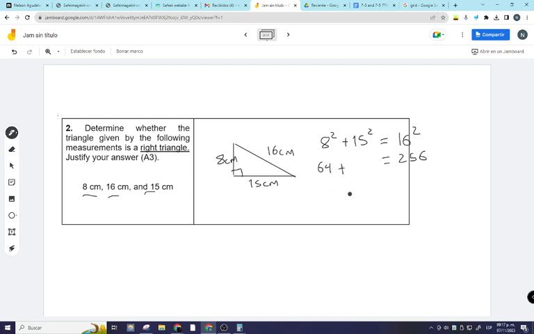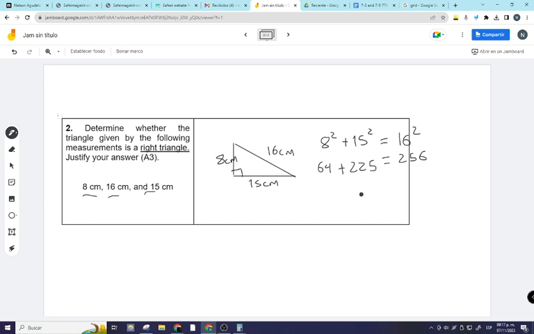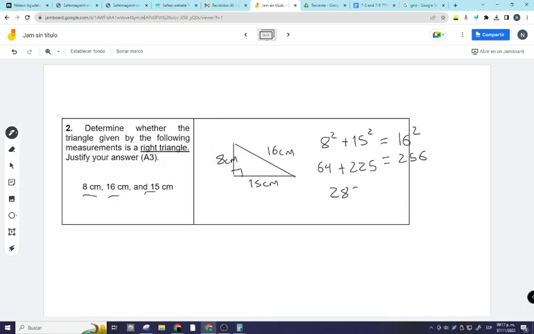And 15 squared, 15 times 15, 225. And what is the addition of that? You already can see that it's not 256. It's 289. And it's not working, okay?